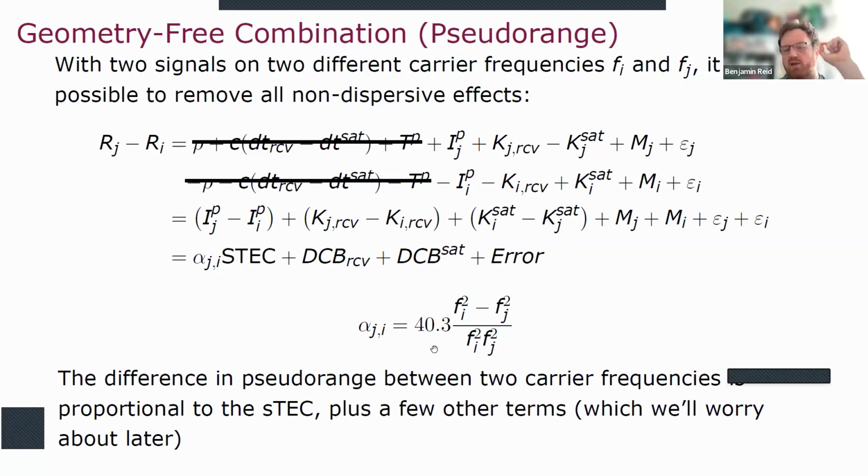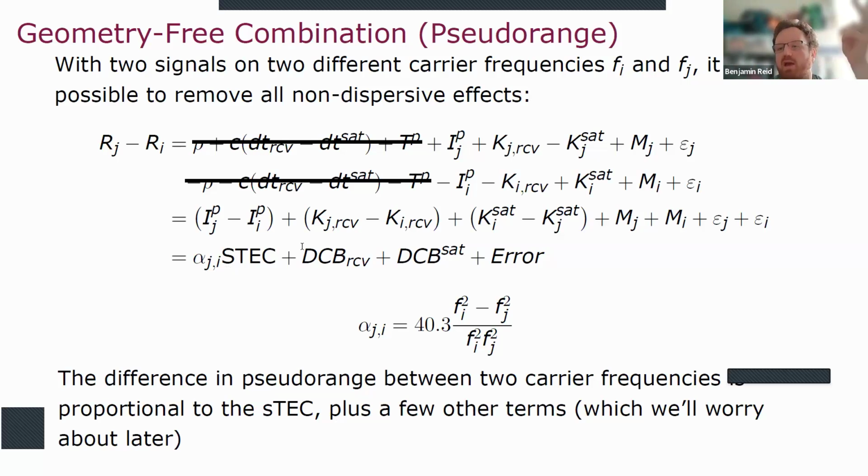And this proportionality constant just depends on the frequencies. And that's it, right? That's why in the Jupyter notebook, when I took the difference between the two pseudo ranges, I said this is basically a TEC measurement. It's because it is. The dominant term here is the ionospheric term. You get rid of all the pesky positioning and timing, and you're just left with the ionosphere.